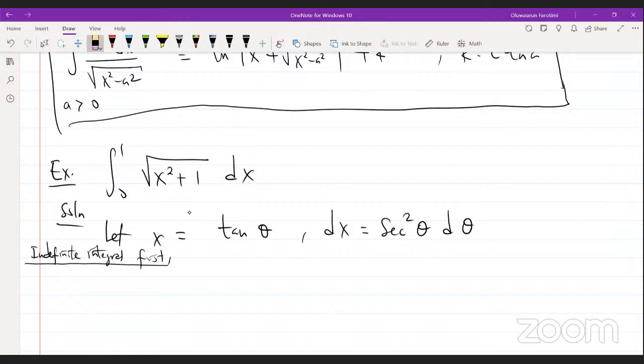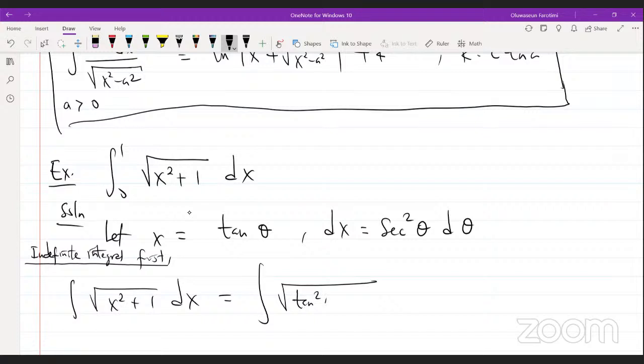That's the goal. Okay, watch me, guys. x squared plus 1, then you have dx. So this guy is square root, right? What is x squared? Square this guy, you have tan squared of theta plus 1. But what is dx? dx is secant squared of theta d theta, right?